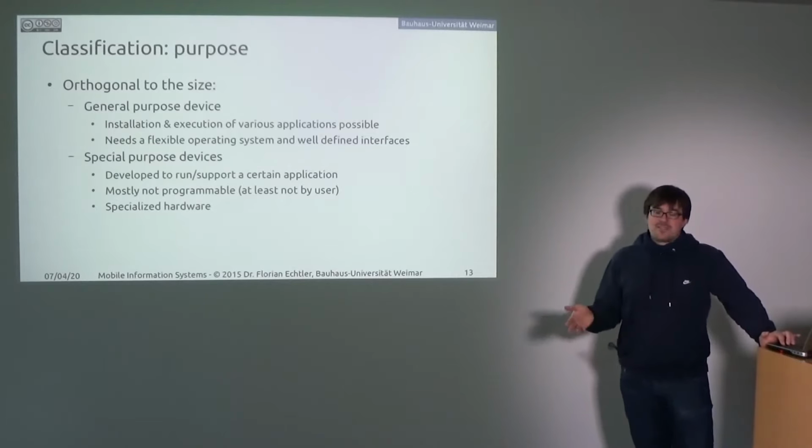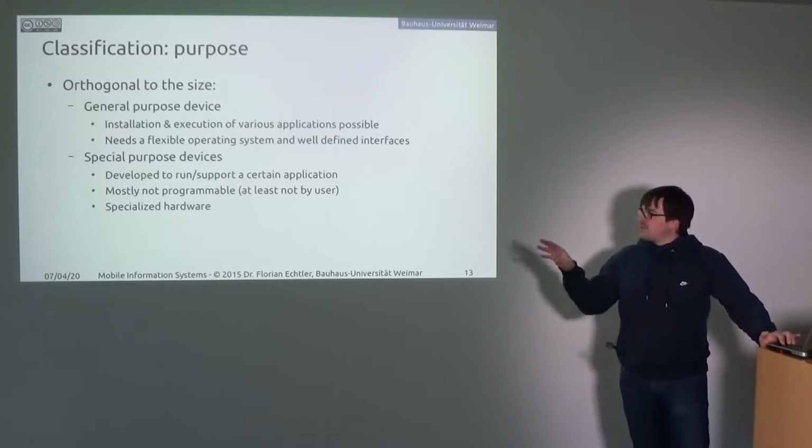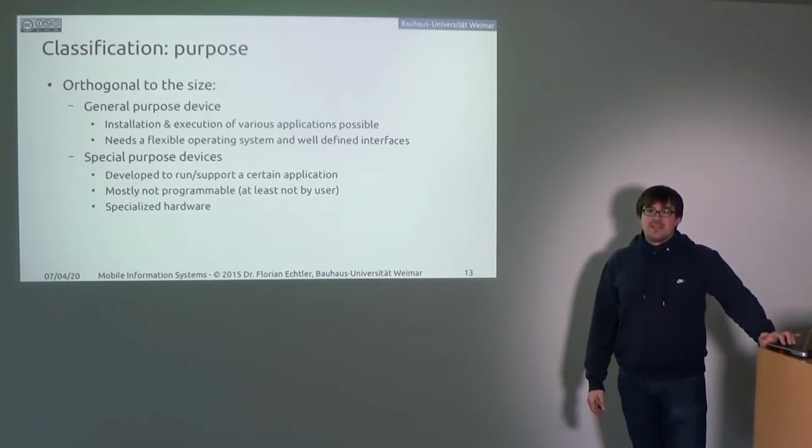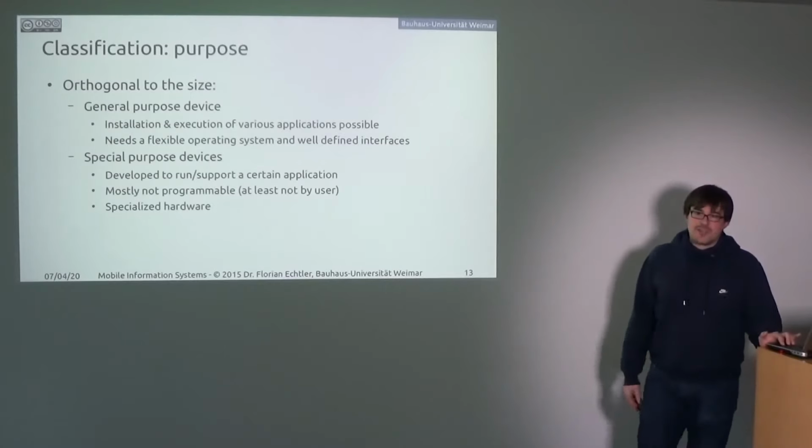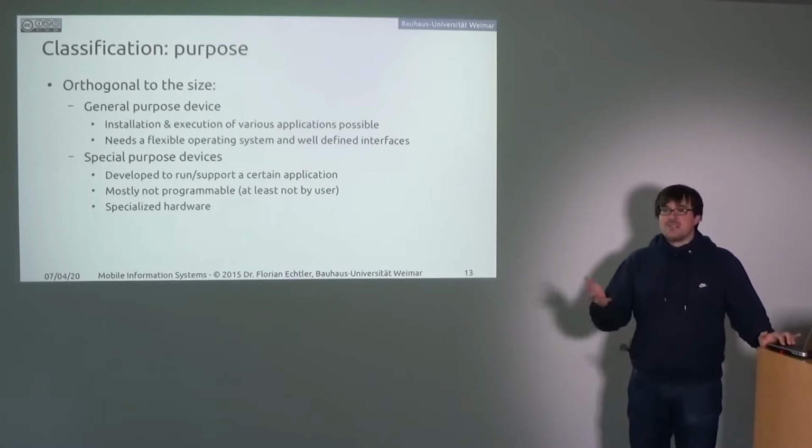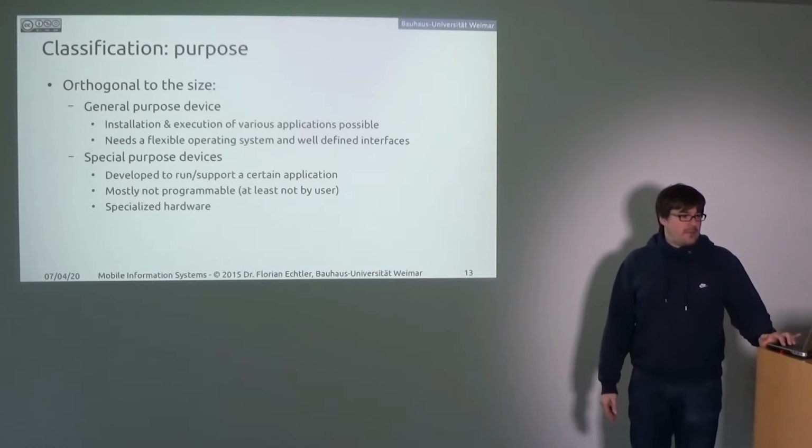So for these reasons, if you need time critical control tasks in whatever mobile system, then usually you have this sort of special purpose device dedicated to one task, as opposed to a general purpose device that you can still use for control, for example.